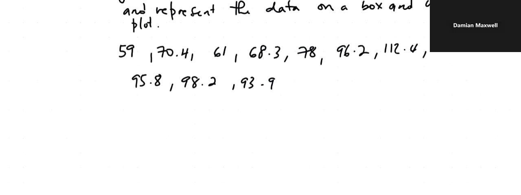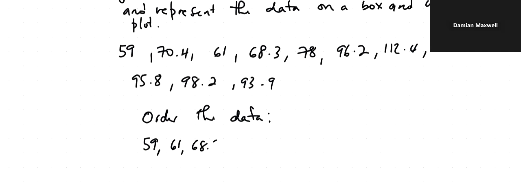Now, before you can find your quartiles, you need to first arrange the data in ascending order. So first, we are going to order the data. What would it be now in order? So we have 59, what else? 61. 68.3. What else? 70.4. 78. Let me know if I'm missing any.